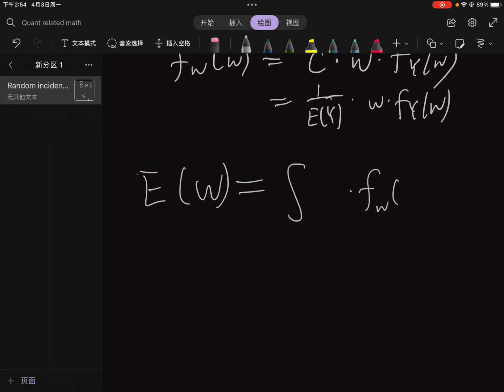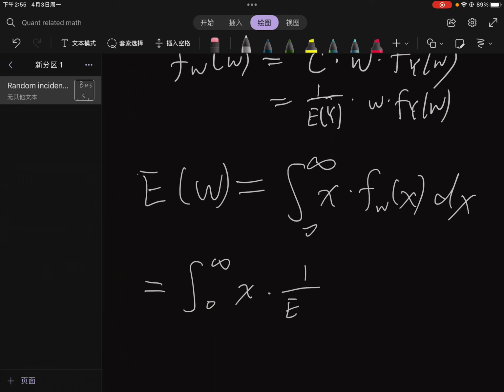Maybe we use x, f(x) dx, 0 to infinity. And we replace this, notice here the expectation of Y is a constant, and here w is x everywhere, times f(x) dx.